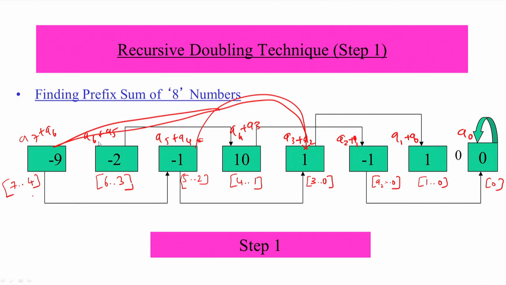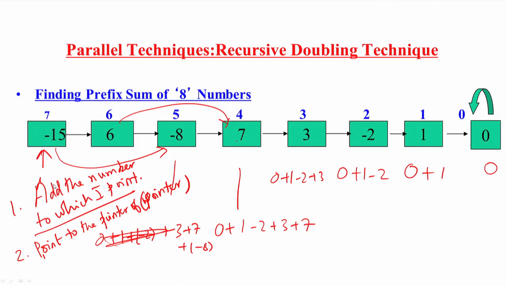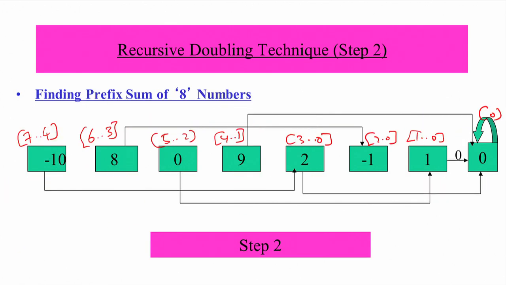At the end of the first step I am pointing 2 elements away from me, so if you subtract the index it is 2. At the end of the second step I am pointing to 4 elements away from me, right.